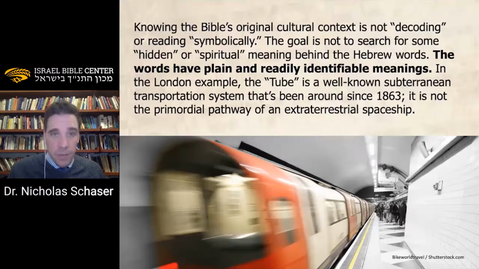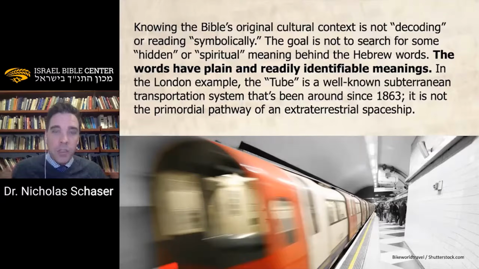In the London example that we just looked at, the tube is another name for a well-known subterranean transportation system that's been around since 1863. The tube is not a primordial pathway of an extraterrestrial spaceship. So that is, the word tube, although someone who doesn't know London's culture and context might not know that the tube is actually a name for the underground railway system, what it certainly is not is a pathway to get to an extraterrestrial spaceship.